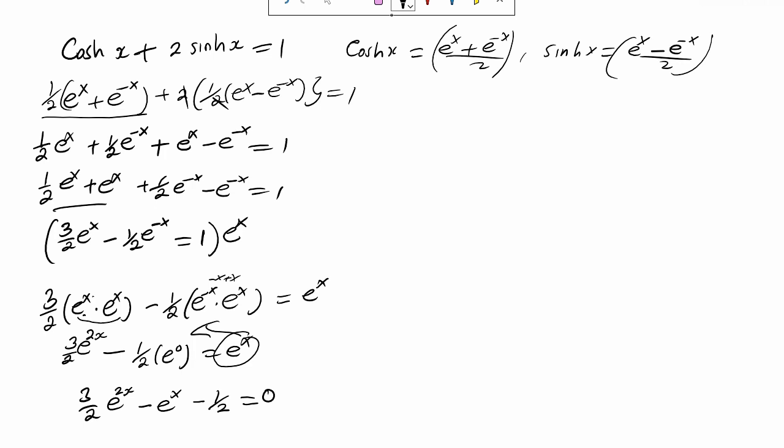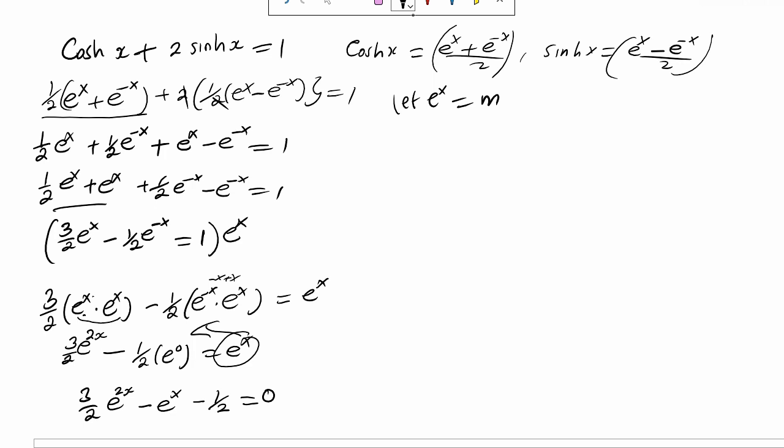Alright, when you look at this equation very keenly, we have a quadratic equation, from which we are going to let e raised to x equal m, so that whenever there is e raised to x we put an m there.